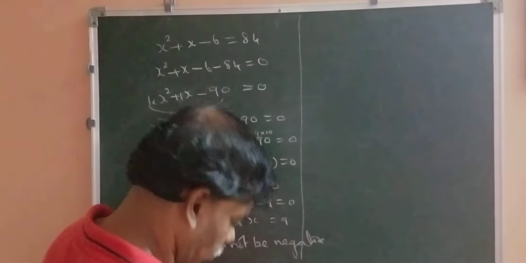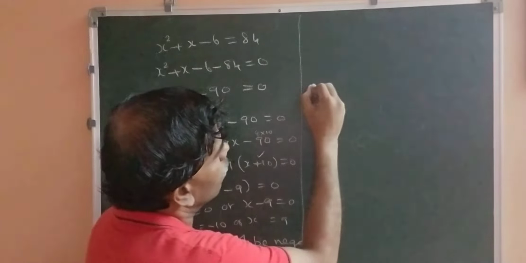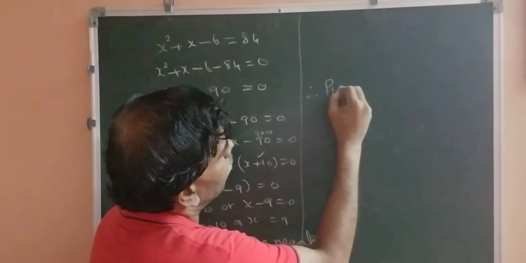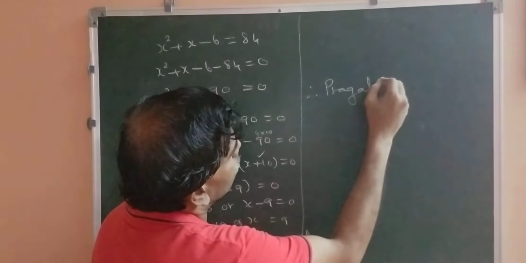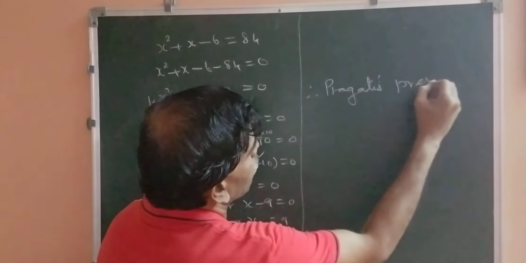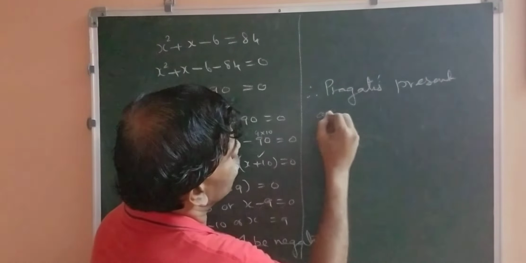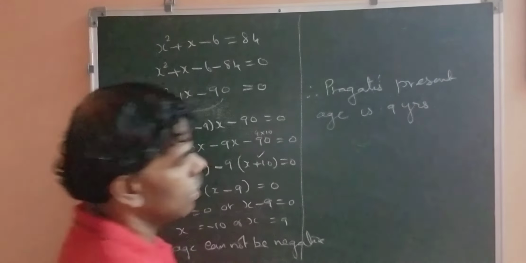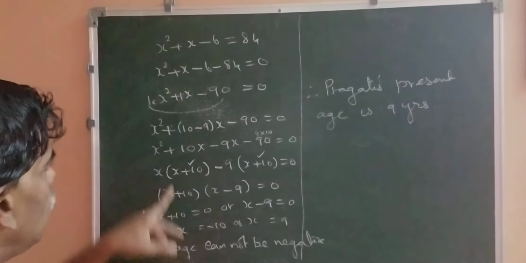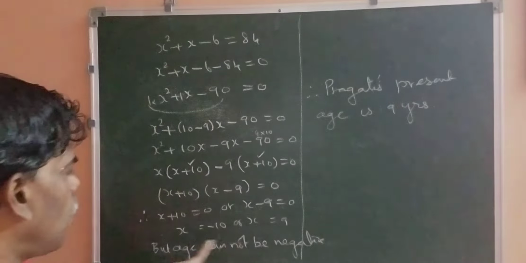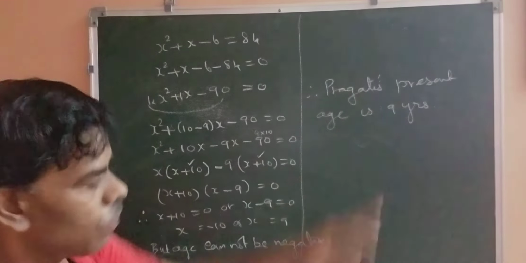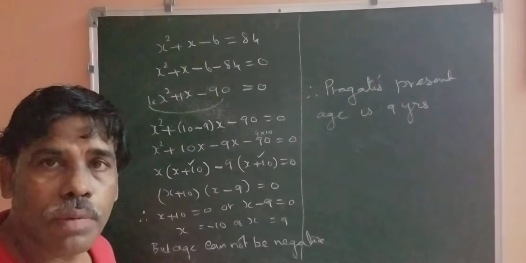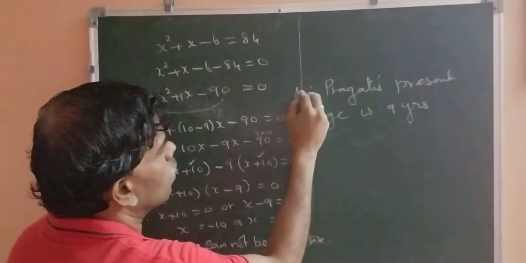Therefore, Pragati's present age is 9 years. Because we assumed x is the present age of Pragati. So, 9 years. Followed or not? Yeah, this is the answer.